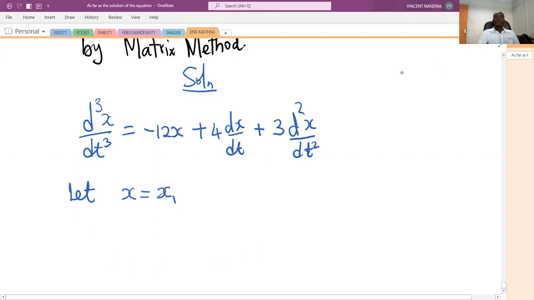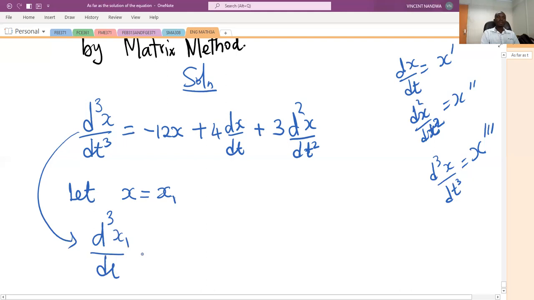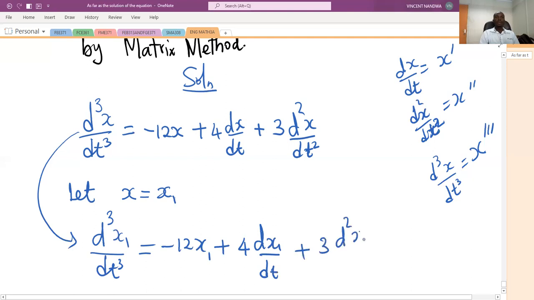Because we know that dx dt can be written as x prime, d squared x dt squared is x double prime, and d cubed x dt cubed can be written as x triple prime, this equation is the same as writing d cubed x1 over dt cubed equals minus 12 x1 plus 4 dx1 dt plus 3 d squared x1 dt squared.